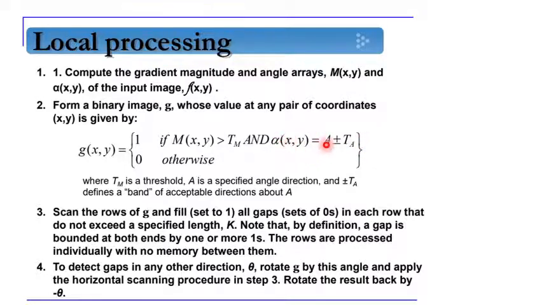So alpha xy is calculated as some specified angle direction A plus or minus the band of acceptable regions about A. Suppose I am considering direction A as 90 degrees, which represents a vertical direction. If you follow that chart, the values are from 112.5 to 67.5. Please refer to that diagram, then you will understand this band of acceptable direction.